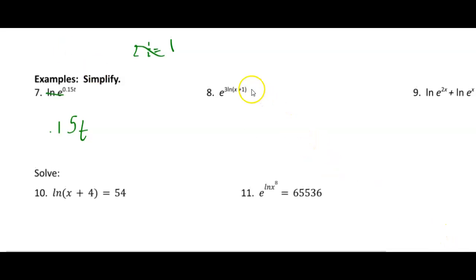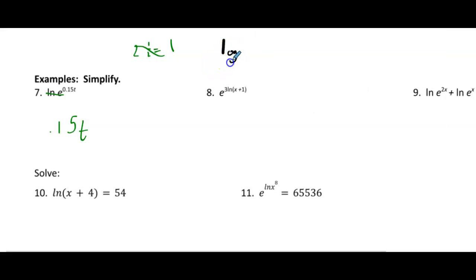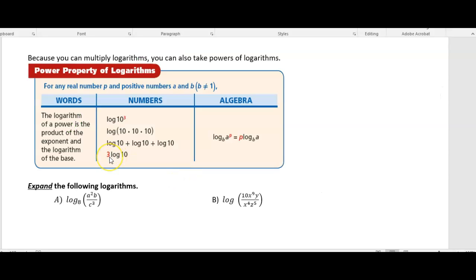Now, with this problem right here, you got to think back to the rule yesterday where we talked about if you have a log, sorry about that, this power rule from our logarithm. Monday, we looked at this rule that said that if you have an exponent for your argument, you could bring the exponent out front.